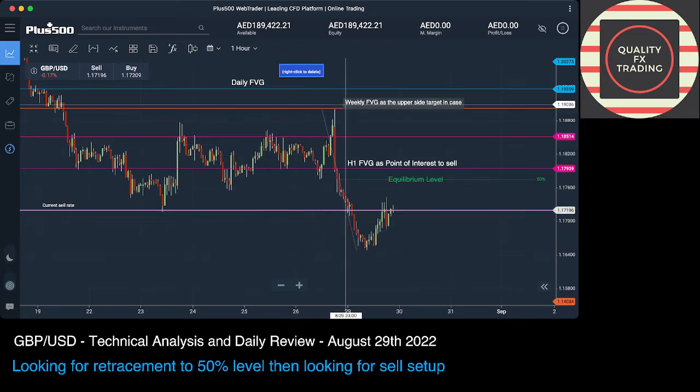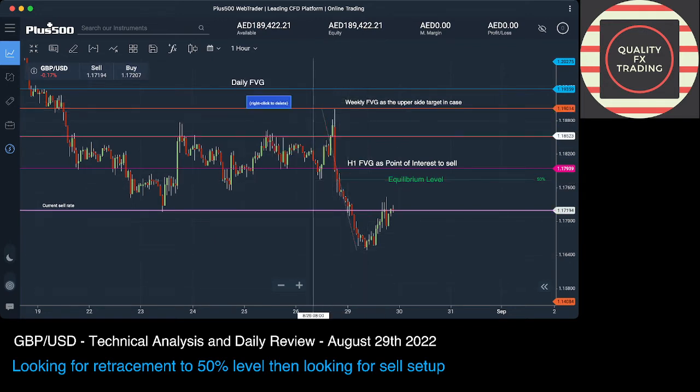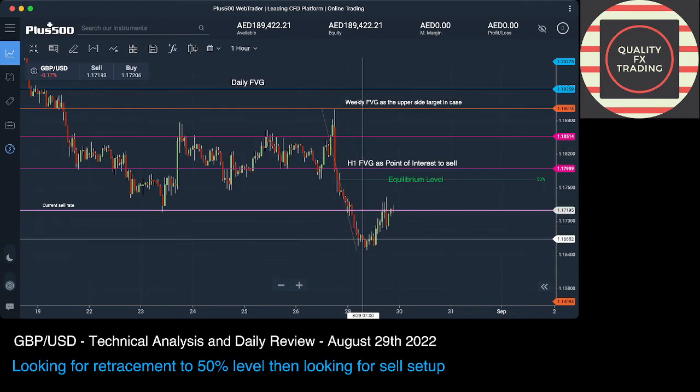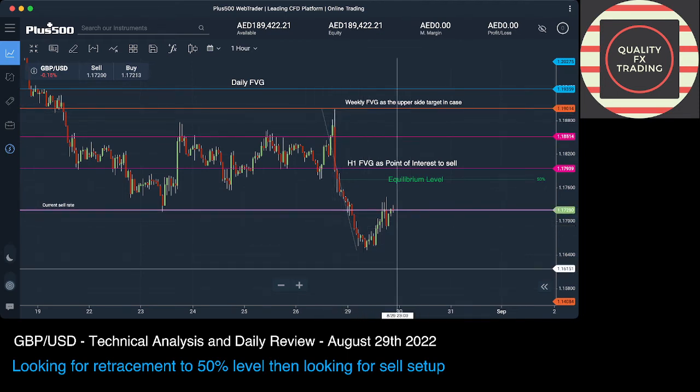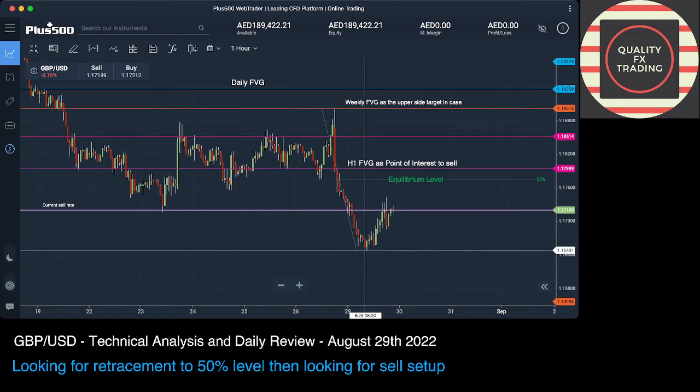So, from this high to this low, this is basically a swing, and it's an impulse move from this high to this low, which was formed today.